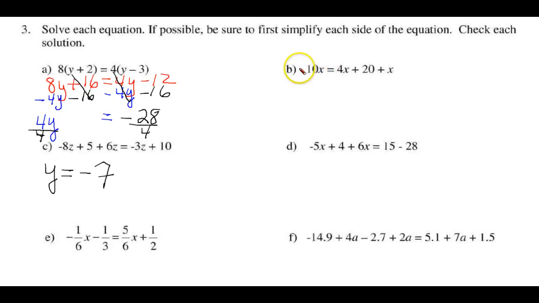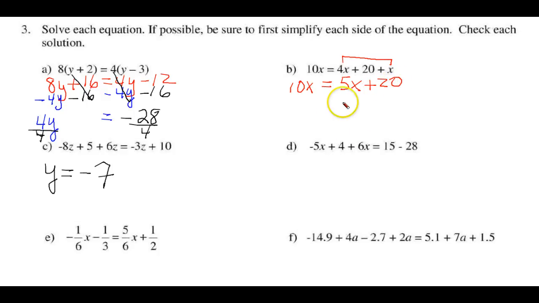Now in letter B, we see there's like terms here. So our next step would be 10x equals 5x as we combine our like terms, plus 20.